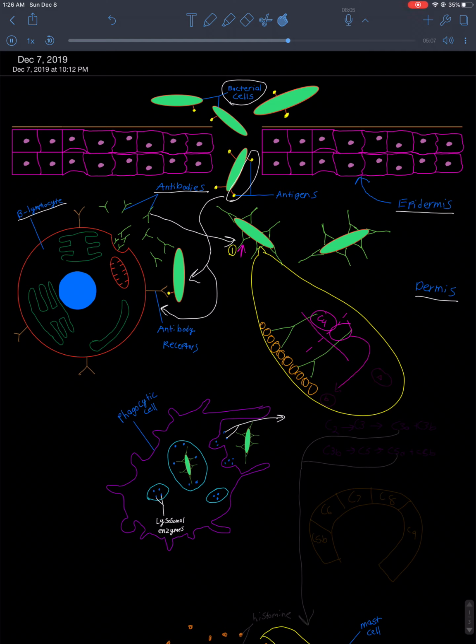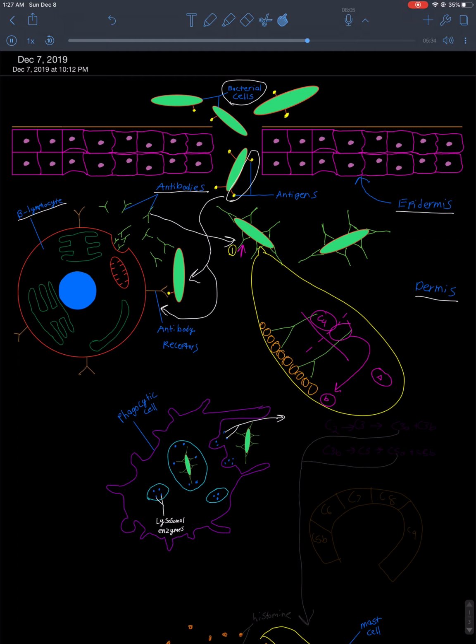C4 is going to split into two pieces and C4A and B will be released. C4B will then bind to the cell membrane and becomes fixed and becomes an active enzyme. C4A will be released and will act as a chemotaxis mechanism.